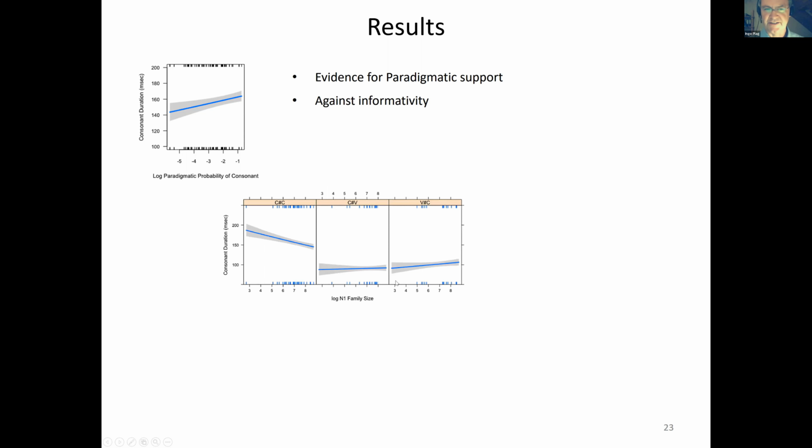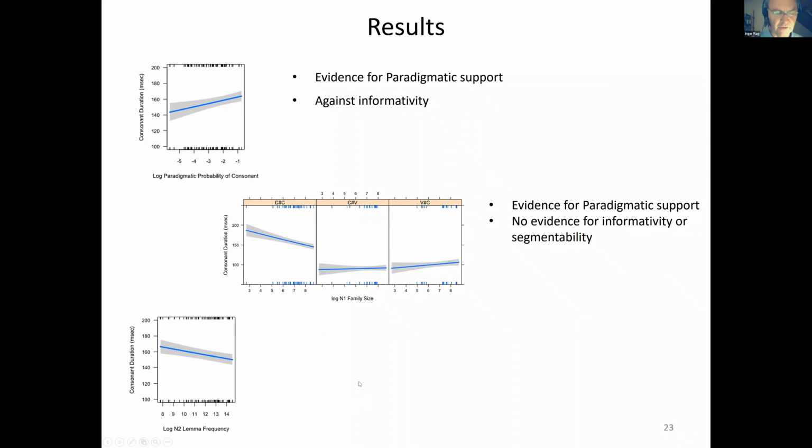Now, if we take a look at log n1 family size, we see that for 2 environments, the CV and the VC, there is no effect, but there is an effect for the geminated consonants, and this effect is in the direction of paradigmatic support, and we find no evidence for informativity or segmentability here.